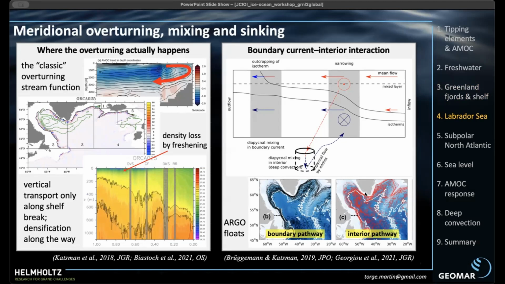So this is where water from the boundary current is mixed into the deep convection regions.